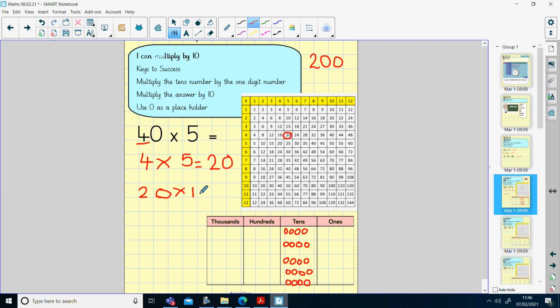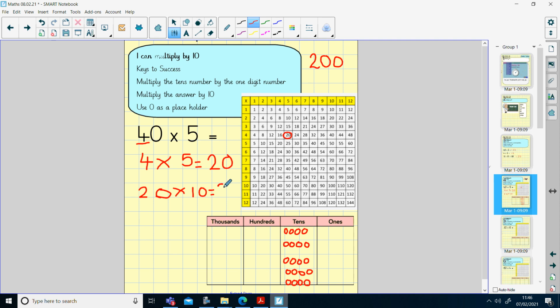And remember, we need to do that because the 4 is smaller than the 40. That 40 is 10 times bigger. So this will get us to the correct answer. So if I'm multiplying by 10, I move each digit 1 place to the left.